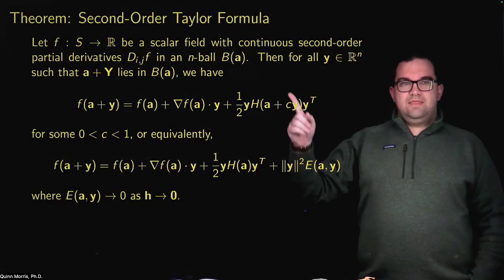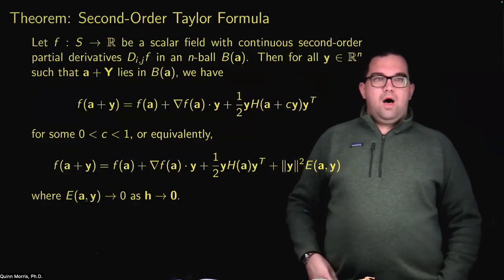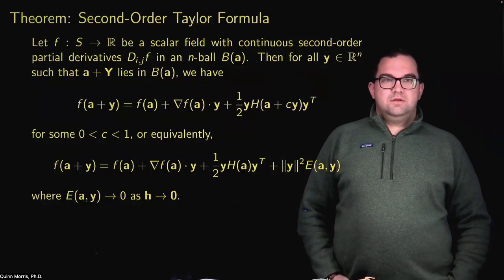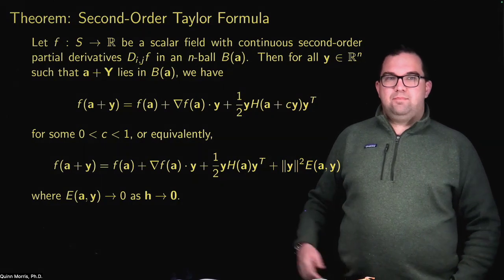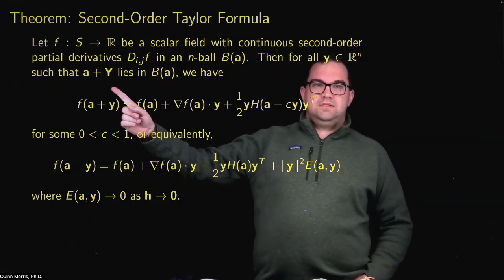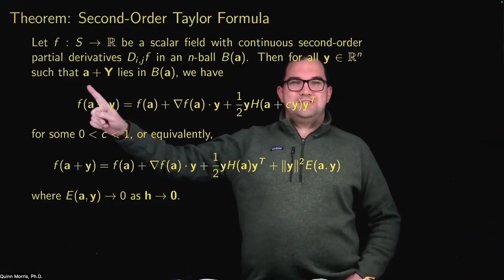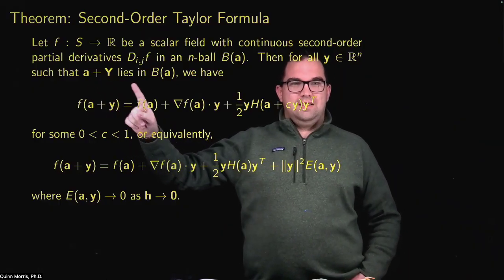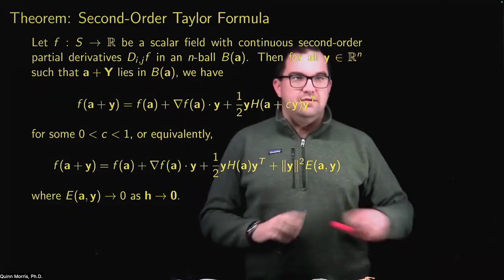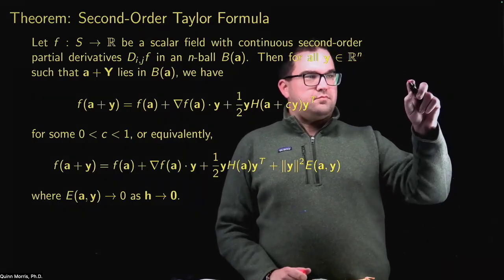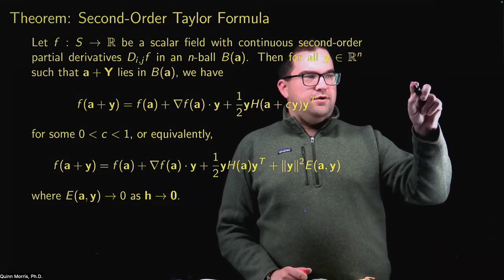Okay. So in that case, for all y in Rn, such that A plus, and I'm off to a bad start, this should be a lowercase y, such that A plus lowercase y lies in B of A. So the idea is I'm in my domain space here.